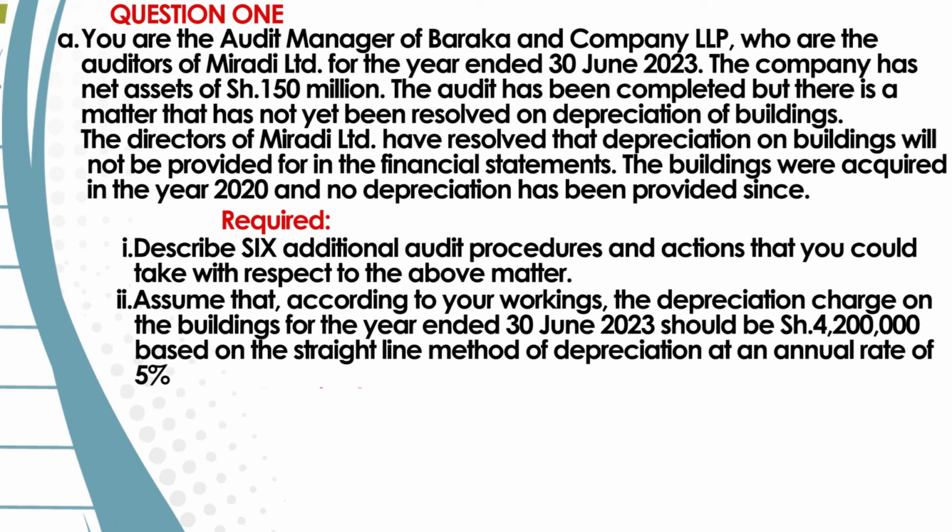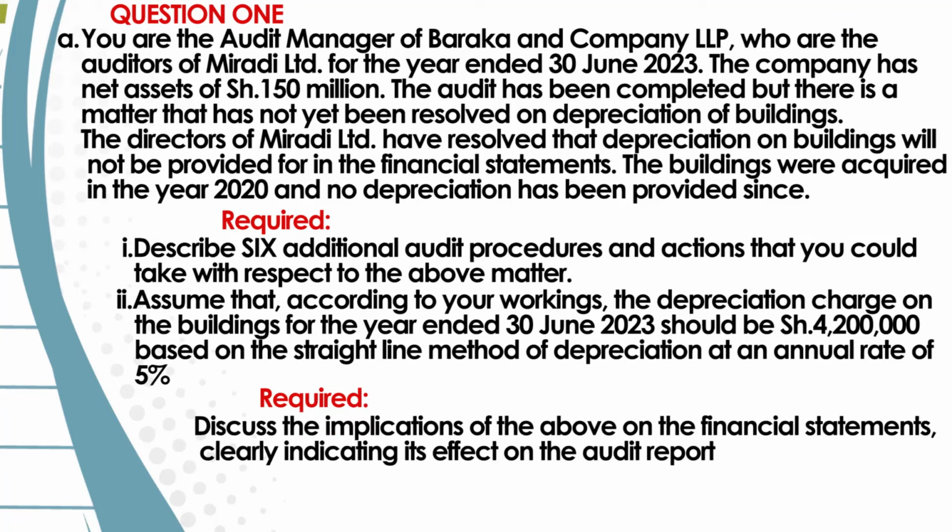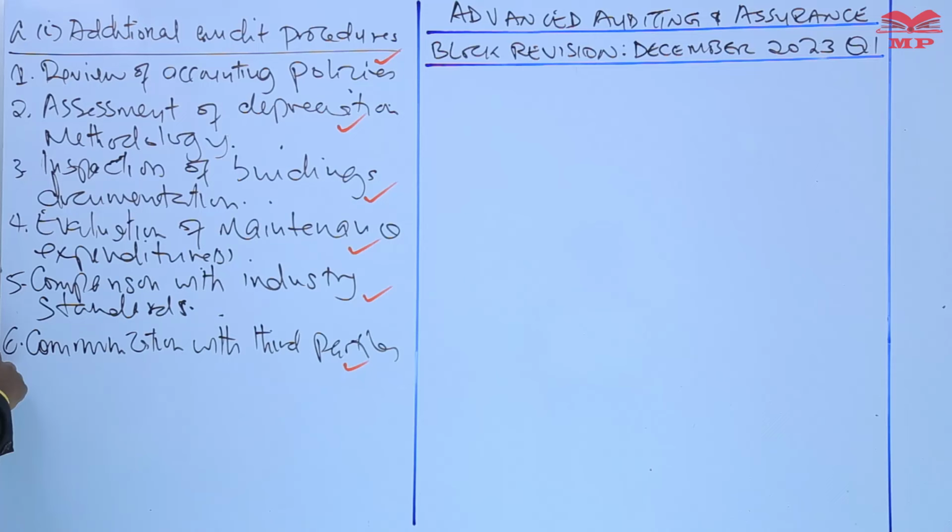A, Roman 2: assume that according to your workings, the depreciation charge on buildings for the year ended 30th June 2023 should be 4.2 million based on the straight line method of depreciation at an annual rate of 5%. Required, discuss the implications of the above on the financial statements, clearly indicating its effect on the audit report. This is Roman 2.